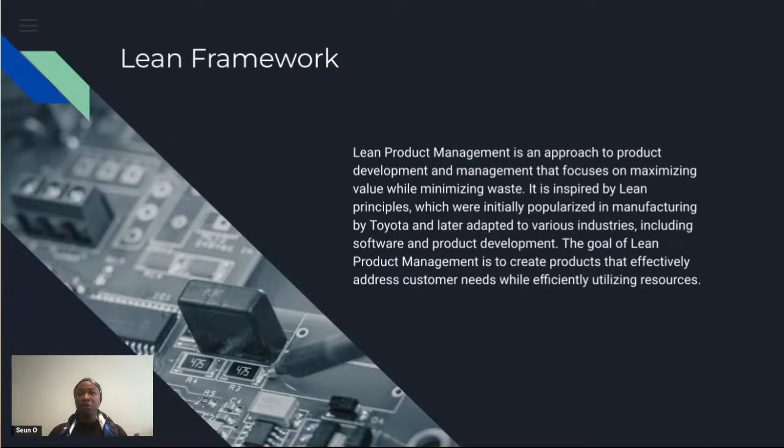So the Lean framework is just a product development concept to help us manage waste, manage the time that we spend doing things, and basically maximize our efforts and reduce waste.